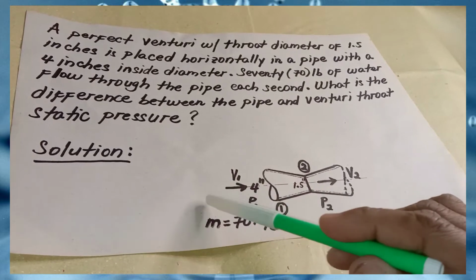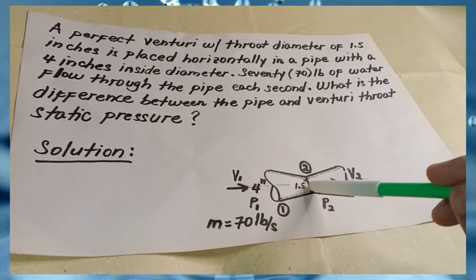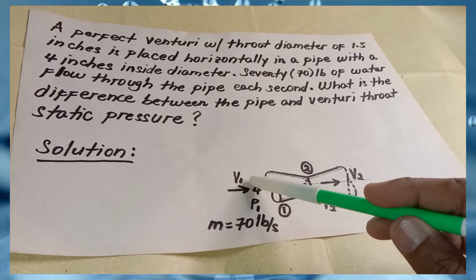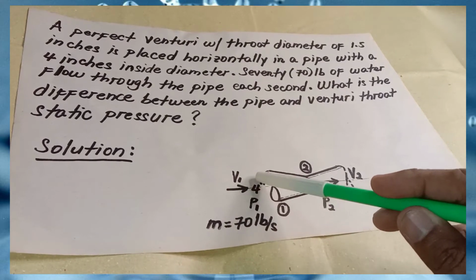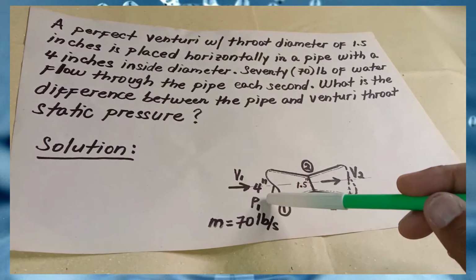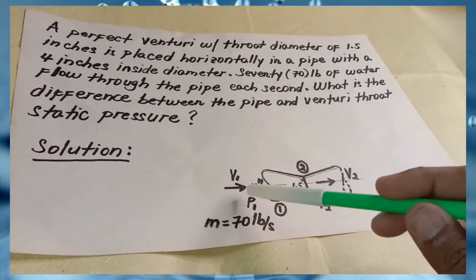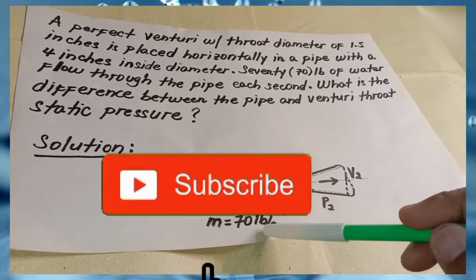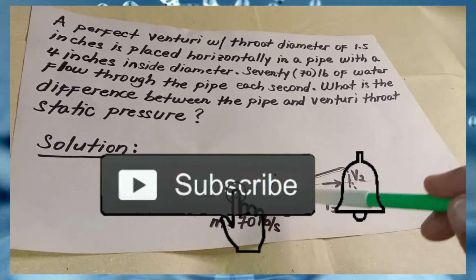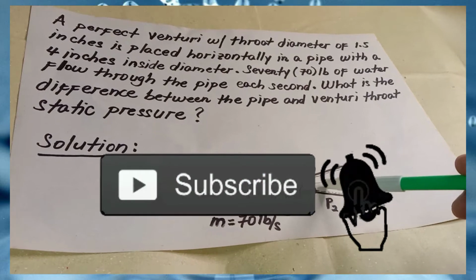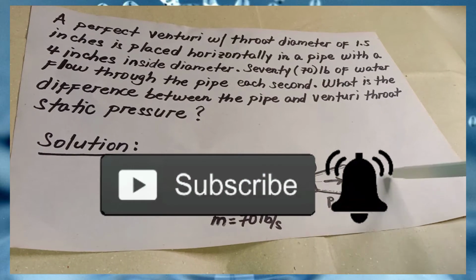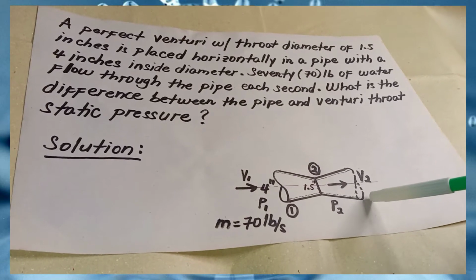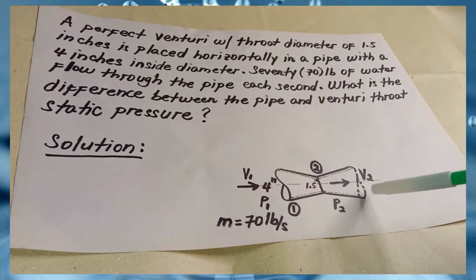Of course, the liquid before entering the Venturi has an initial velocity V1, and at the same time there is a corresponding pressure, P1. The mass of the liquid entering the Venturi is 70 pounds per second. And then the output or the exit is the final velocity with corresponding pressure.